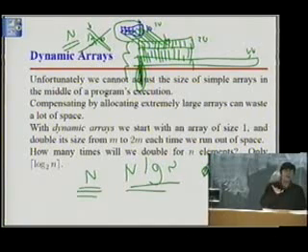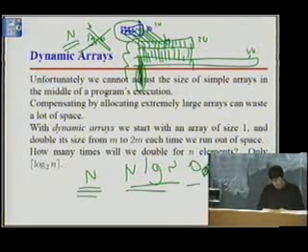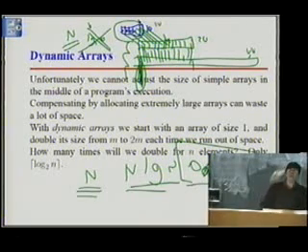If each of them was copied as much as the most expensive one, the total time would be n log n. Does everybody see that? Who here does not see that? So I claim we have just proven that the time it will take for n insertions under dynamic arrays is big O of n log n. Does everybody agree with that?